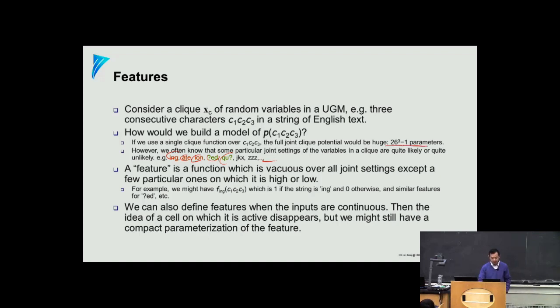minus 1 parameters, we just first pick out those special citizens that we really, really feel very sure that they are very likely to be correct spelling, or they are very frequent in our English vocabulary, and give them a feature. For example, I would say f of ing to have a score of some number, maybe 10.